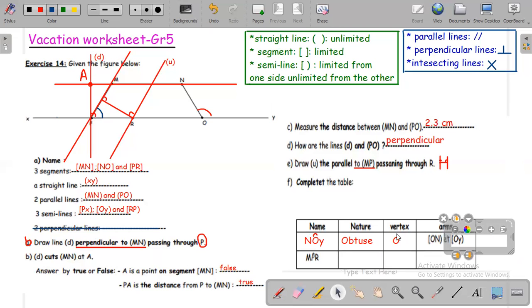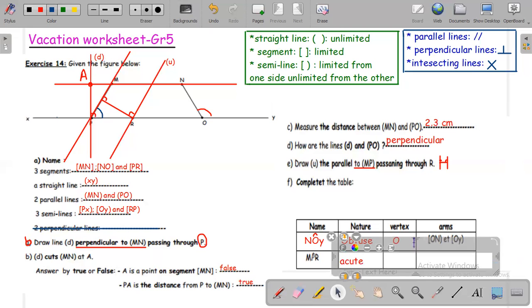It is an acute angle. What is the vertex? The vertex is at the middle. So the vertex is the point P. P without hat. The vertex is a point without hat.